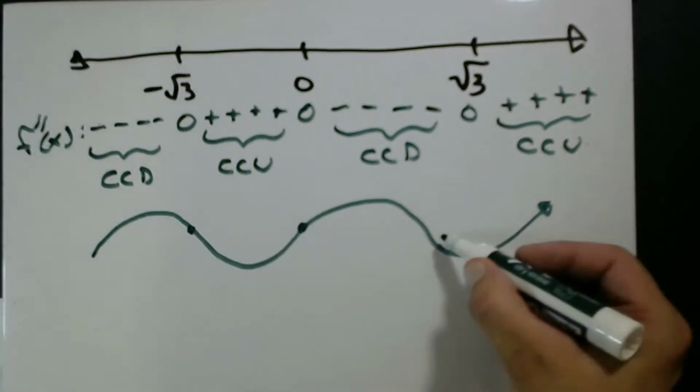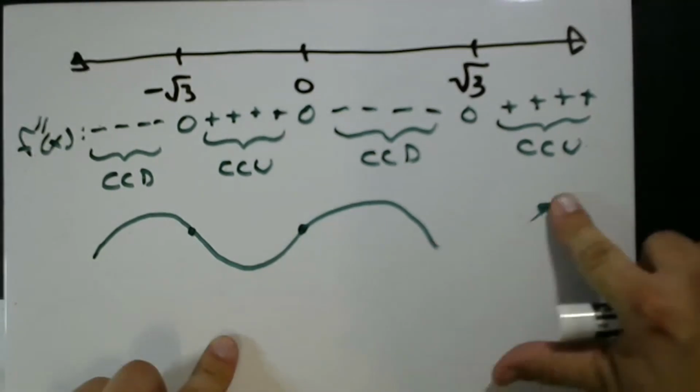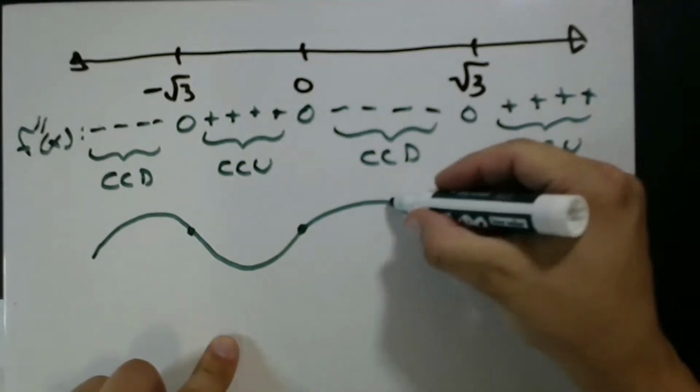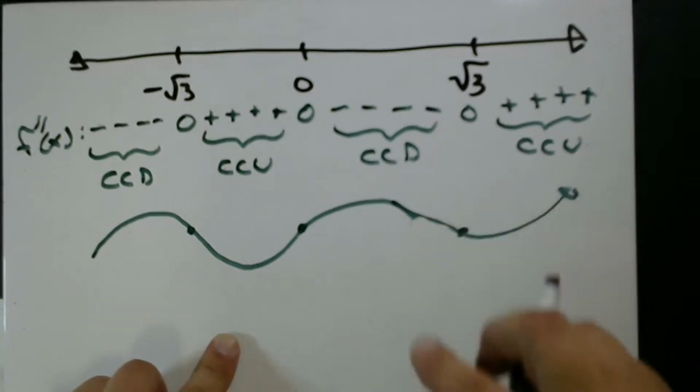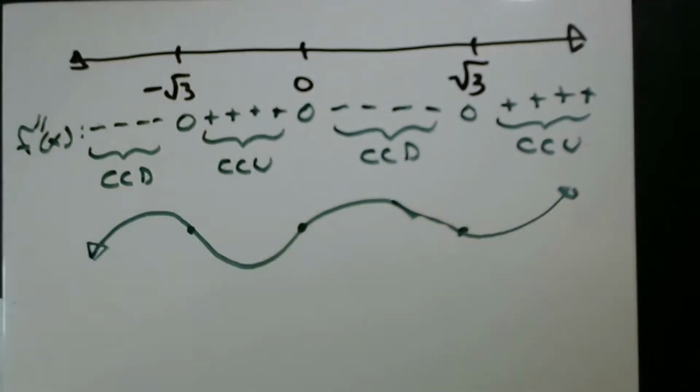When we graph our function, you're going to see it's a very interesting function, the way it actually does behave in the end. But it looks like we could be dealing with something like this, just looking at concavity. We're going to need more information to get the full picture.